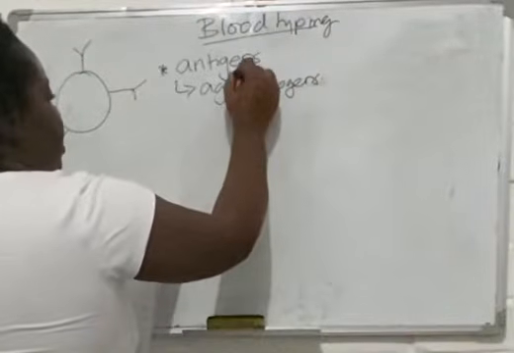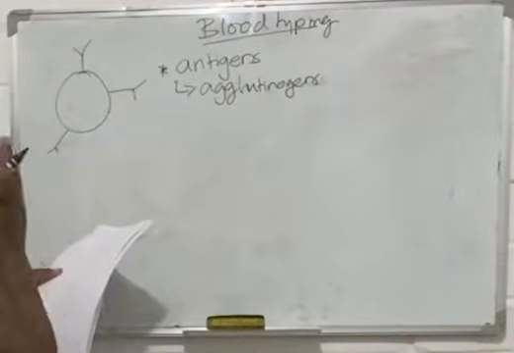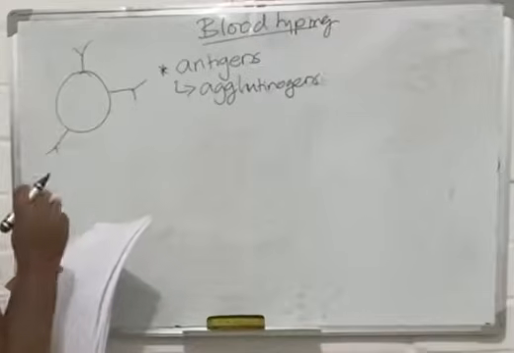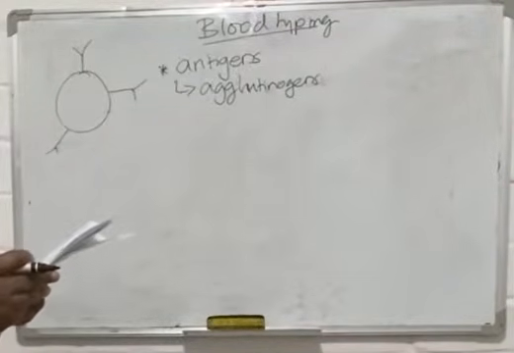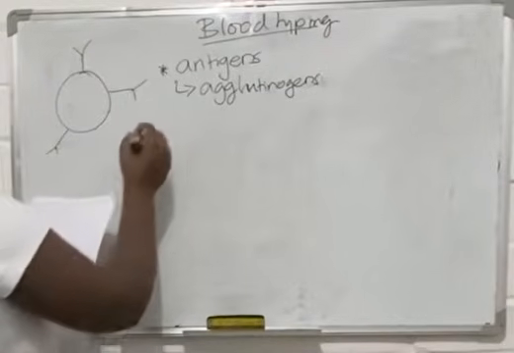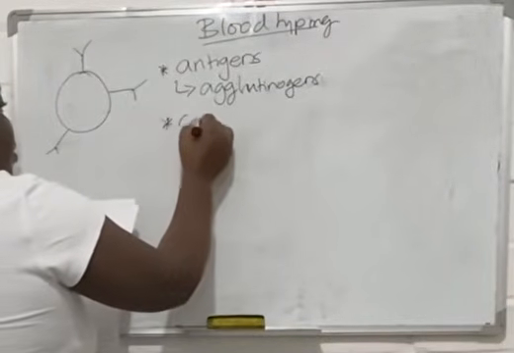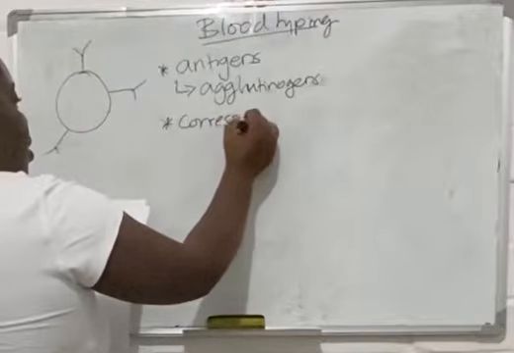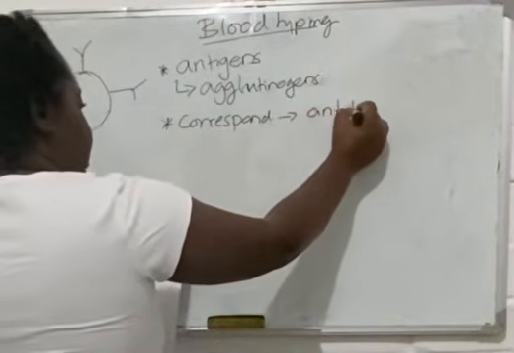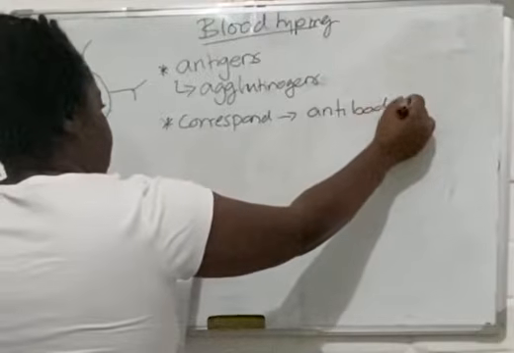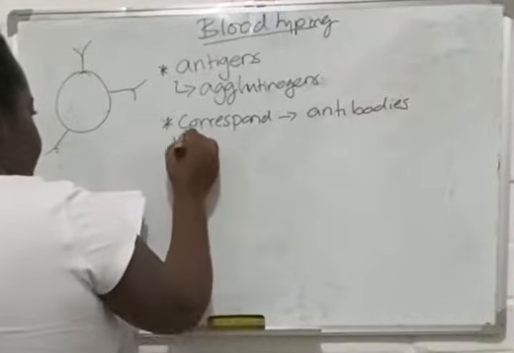Now, the agglutinogens are simply proteins that are very specific and are found on the surface of the body. And these correspond to antibodies that are found in blood.